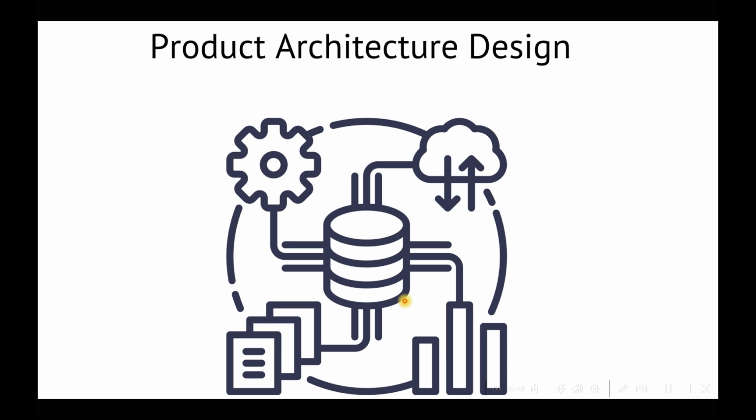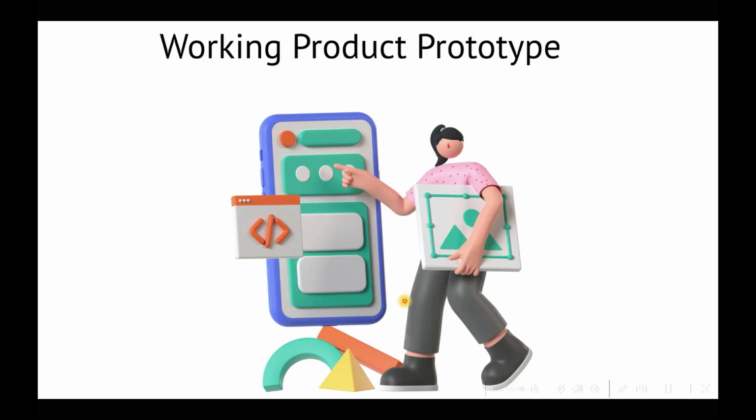Finally, we are going to look at a working prototype. We are going to create a prototype which will be visible to you. You will be proud of creating that, and no coding knowledge is required, only basic common sense. You will actually be releasing your prototype once this program ends.